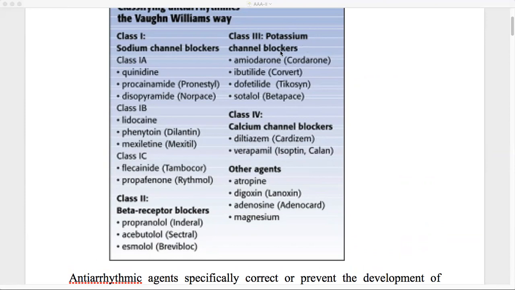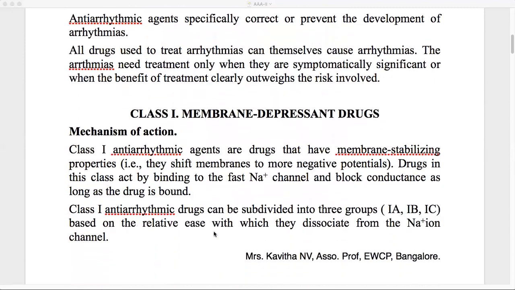Potassium channel blockers we just discussed, where you have to study amiodarone and bretylium tosylate. The class 4 drug is the calcium channel blockers, which we have already discussed in the previous classes, so you can refer to the same content for this chapter also. So this is about the anti-arrhythmic agents.